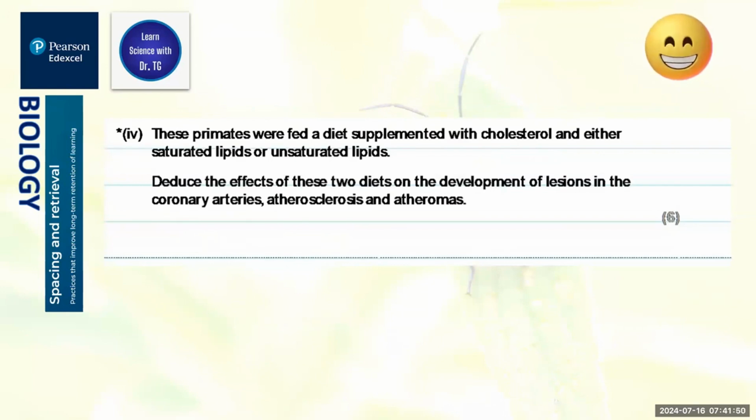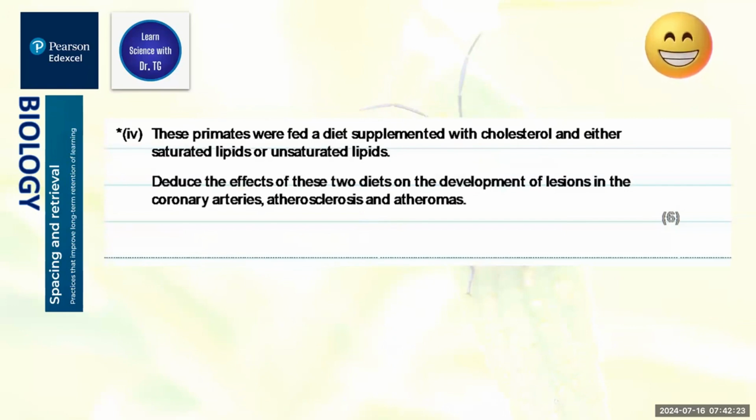So I will train you to write different questions of the 6 marks category to get the highest marks, because at the end of the day, our goal is that my students should get the highest achievement in their test. Highest achievement is not restricted to the A, so I expect more than that. So that is my goal. That's why I put a lot of effort with my students to bring them to the highest level.